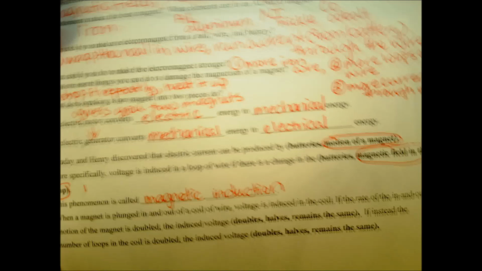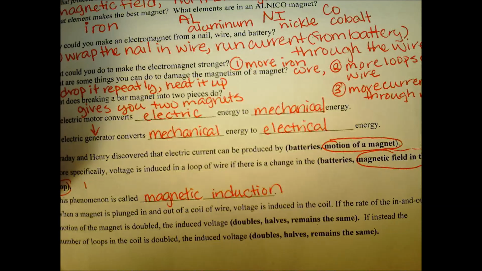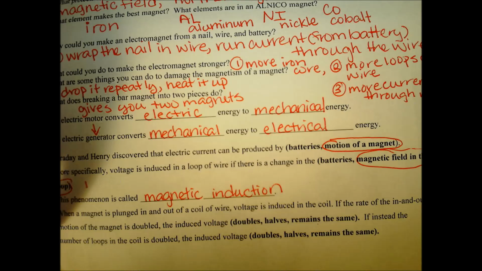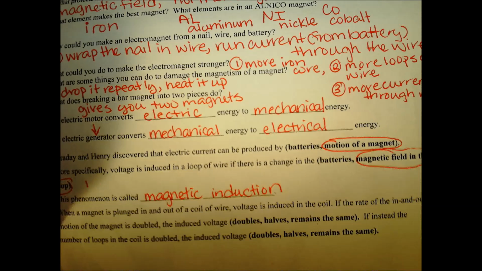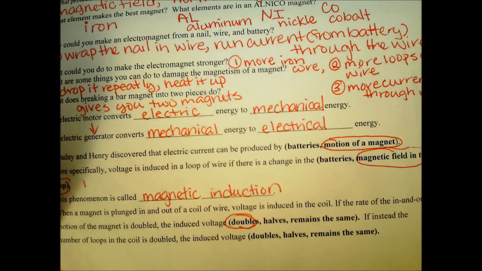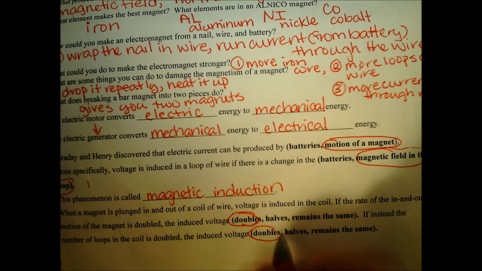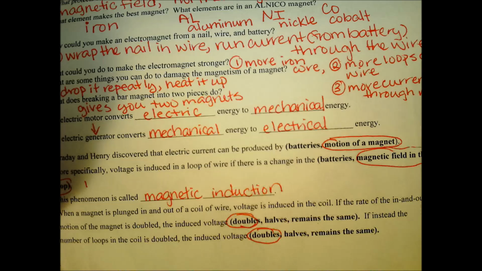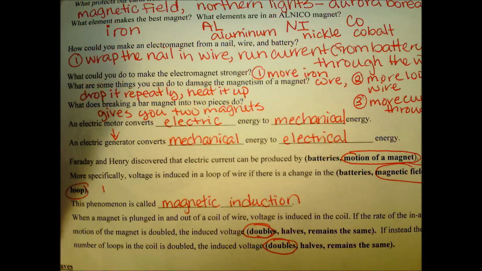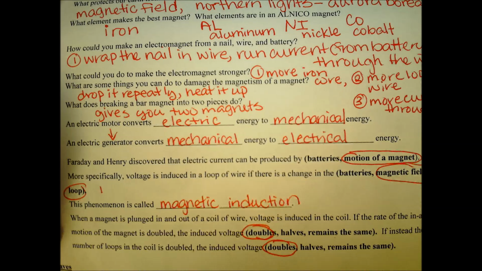When a magnet is plunged in and out of a coil of wire, voltage is induced in the coil. If the rate of the in and out motion is doubled, the induced voltage would double. If the number of the loops was doubled, the voltage would double. The voltage induced depends directly on both of those, the number of loops and how fast the magnet is moving.